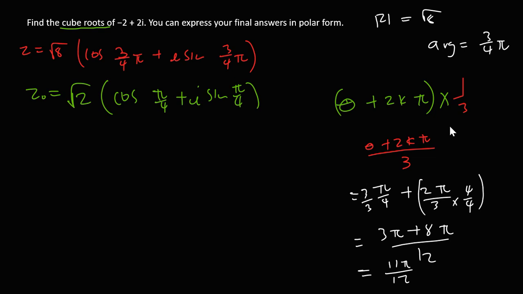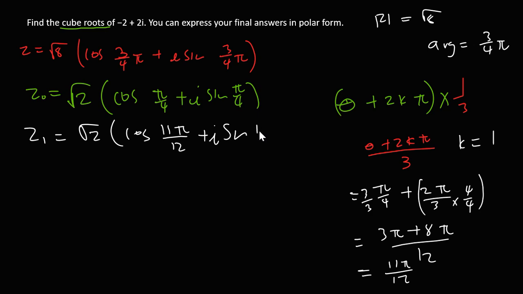So this was for k equals 1. If k equals 1, z1, let me call it z1, is going to be the cube root of 2, open brackets cos, the argument is going to be 11 pi all over 12, plus i sine 11 pi over 12.